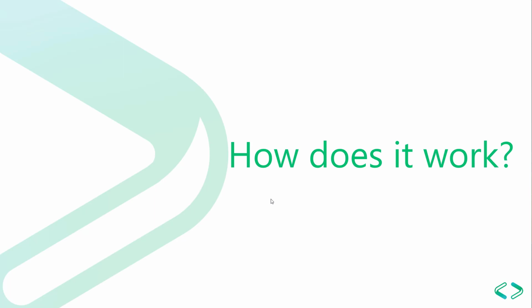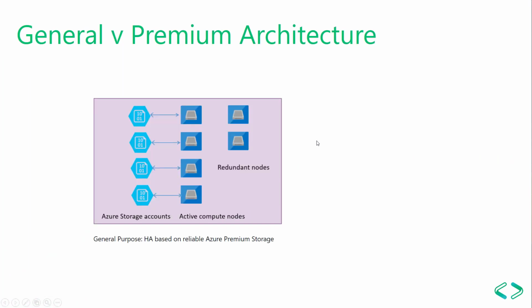So how does SQL Managed Instance work, and how does it differ from a normal installation of SQL Server on premise? Well, the first thing to bear in mind is there are 2 very distinct offerings. One is the general purpose offering, which is the mainstay of SQL Managed Instance. For that one, there's a bunch of active compute nodes that have SQL Server installed on them, but the data is located remotely on a blob store.